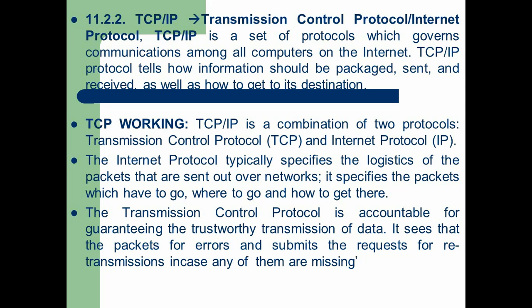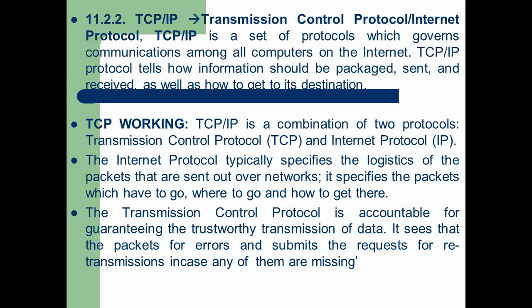The TCP protocol is accountable for guaranteeing the trustworthy transmission of data. It checks packets for errors and submits a request for retransmission in case any of them are missing. So the Transmission Control Protocol breaks all the messages into small packets and ensures how many packets should be sent and how many packets should be received by the receiver, and it guarantees that the number of packets sent and received match.